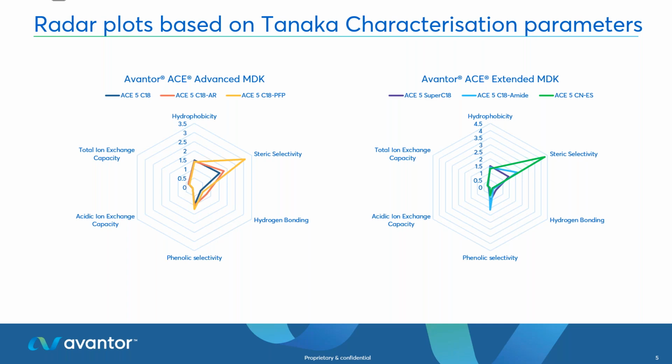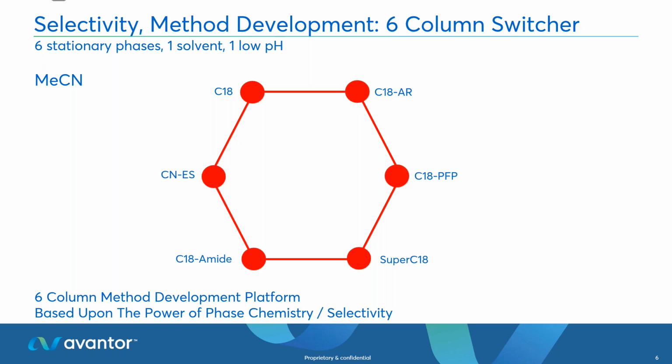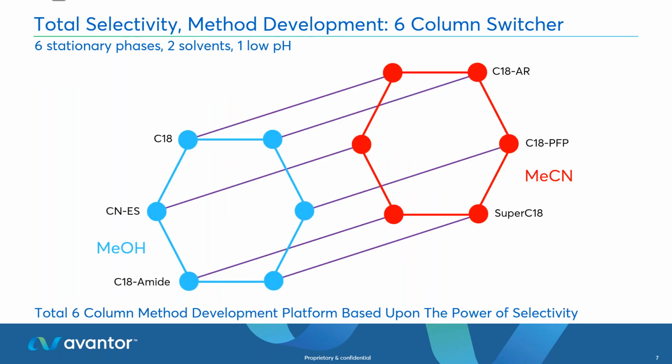So as I mentioned, we're quite lucky. We've got those 6 stationary phases that we can use in our screening platform, and we can then compare each of the columns against each other for a given sample of analytes. To make things a little bit wider in terms of that selectivity space, we can also add in a second organic modifier.